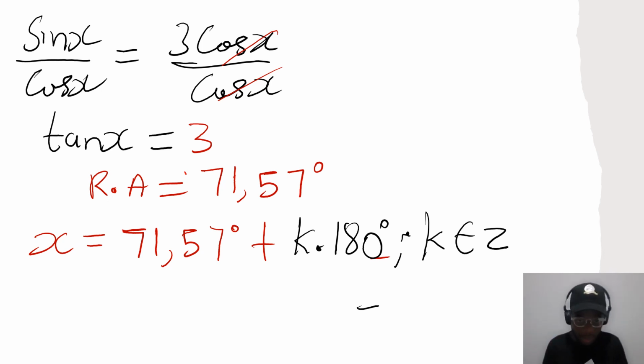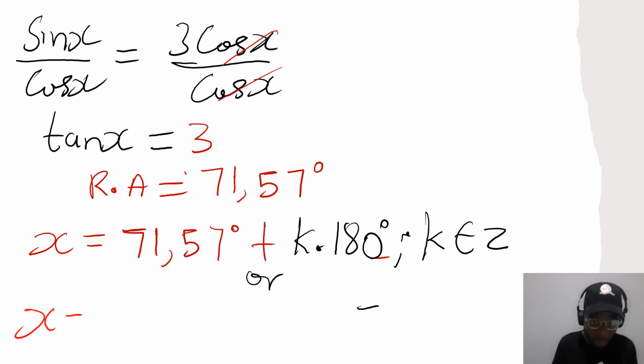Then you can still write another solution, where you check another quadrant where tan is positive. It's quadrant number 3. So in quadrant number 3, we have 180 degrees plus an angle. Which angle?